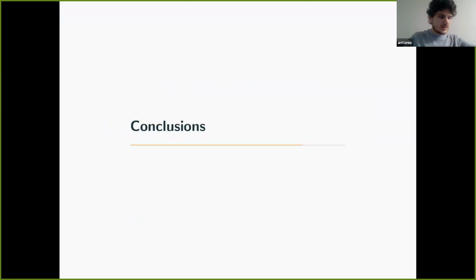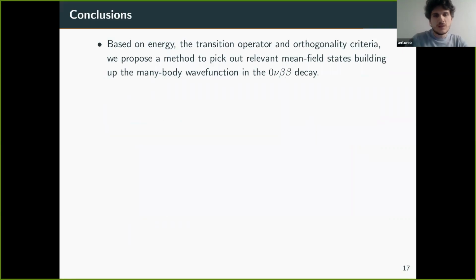Okay, and with that, I think it's about time, right? So I will jump into my conclusions. The takeaway message is that we have built a greedy algorithm in order to pick out the most relevant states in order to build the ground state wave function of the initial and final nuclei, by means of fast convergence for the nuclear matrix elements in neutrinoless double beta decay.